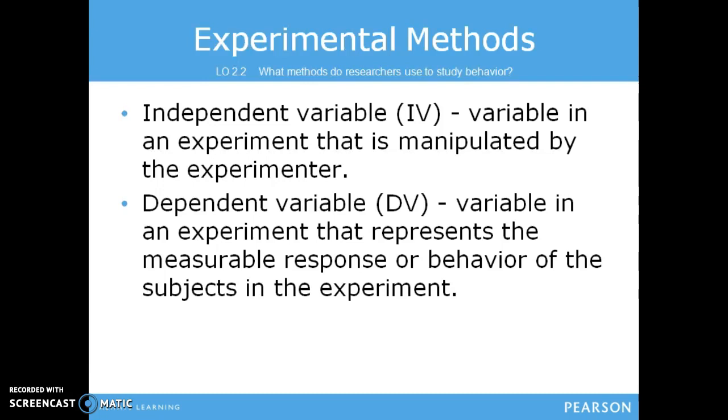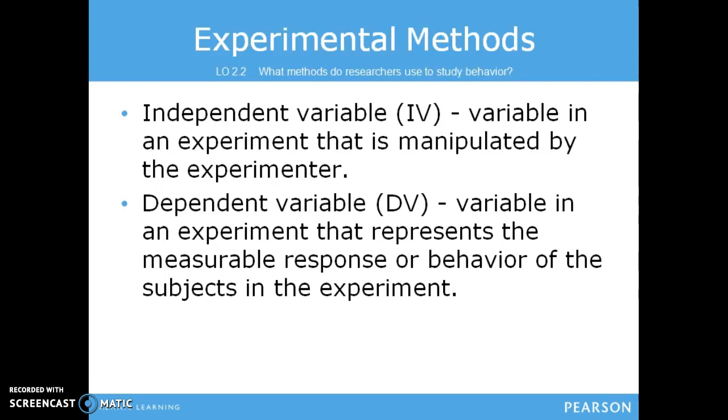Independent variable and dependent variable. Once again, the independent variable is the thing that you're manipulating. In this case, with the cheeseburger and happiness, the meat and cheese is the independent variable. And the dependent variable is happiness, the thing that we are measuring, the measured response or the behavior, the reaction from the subjects.